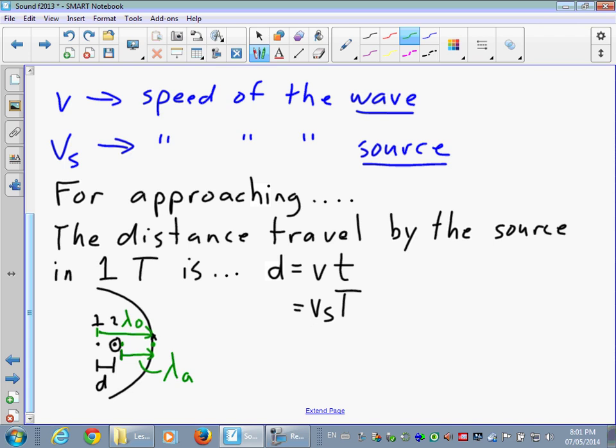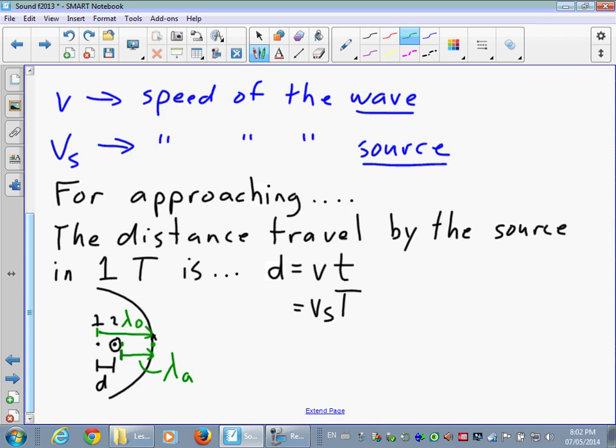Imagine it kind of like you throw a baseball at a certain speed, but then you run after the baseball, and then you throw another baseball. If you're throwing both baseballs at the same speed, those two baseballs are going to be closer together than if you had just stood in the same spot and started chucking baseballs. So that lambda A is what we're really interested in.